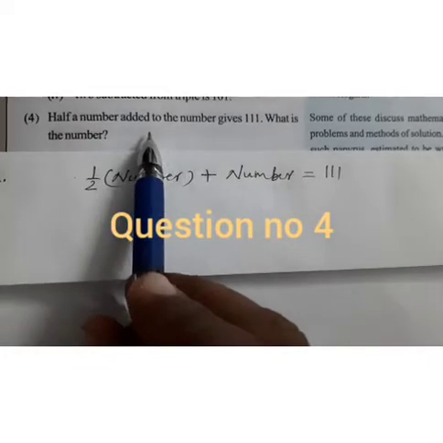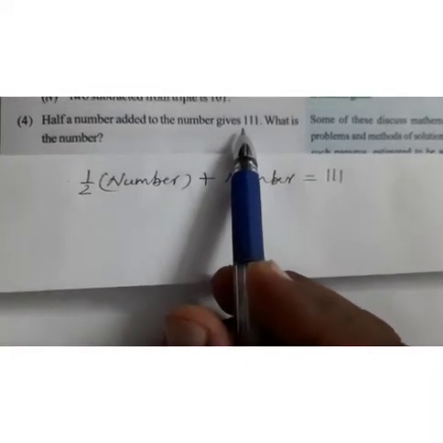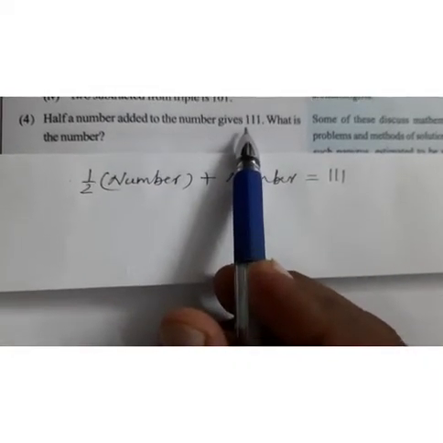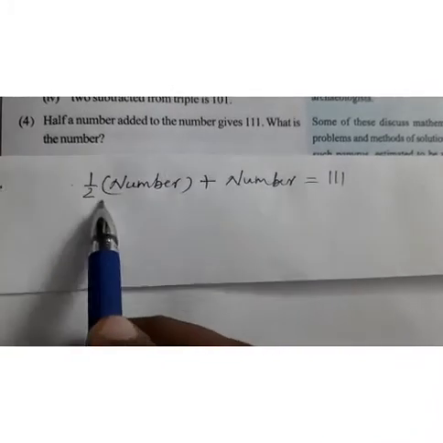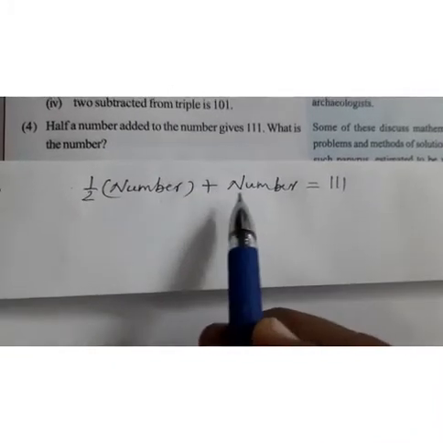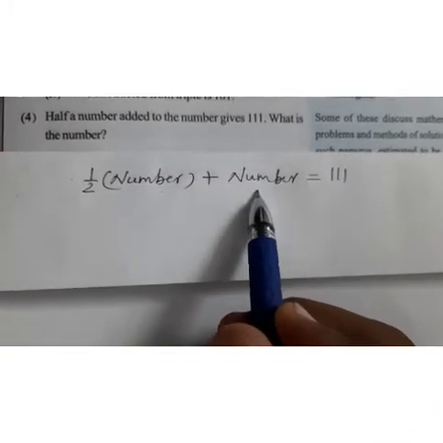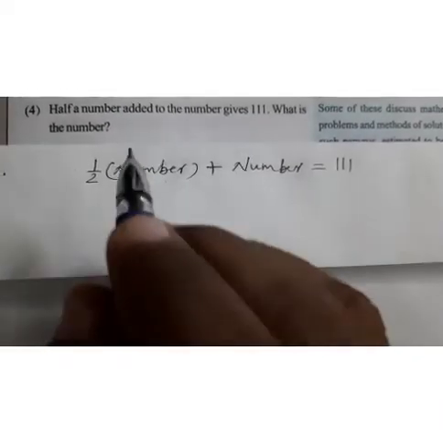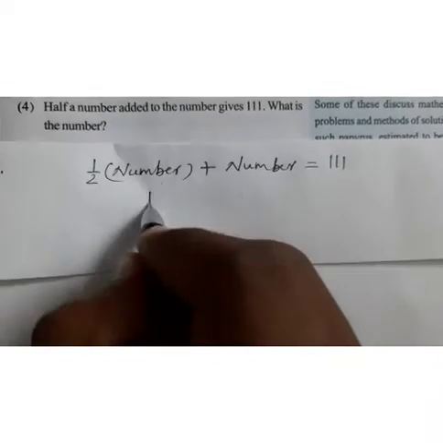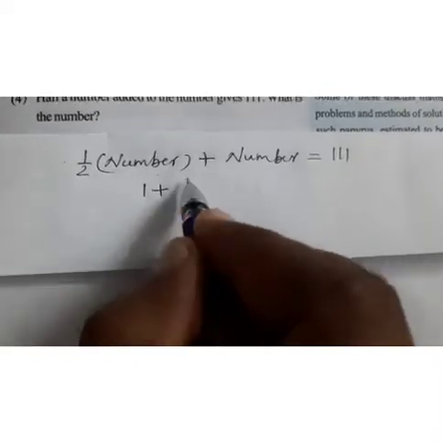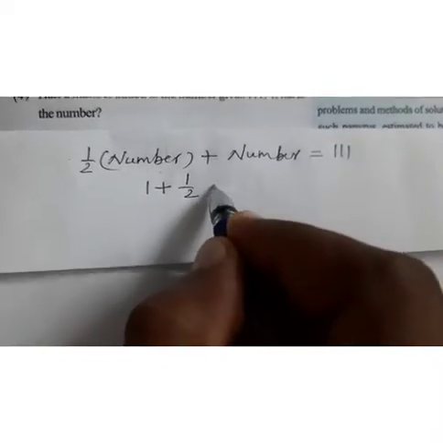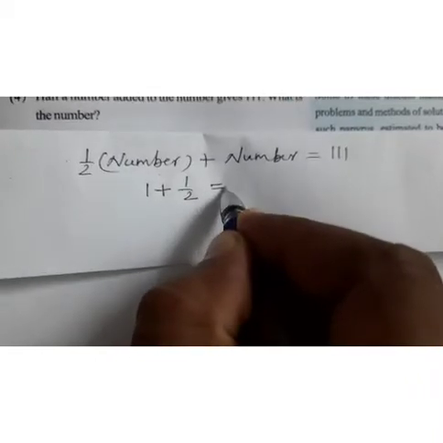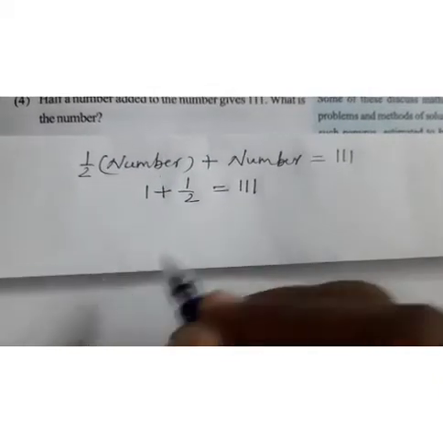Half a number added to the number gives 111. What is the number? Half the number and that particular number again is added, we will get 111. If you consider the number as 1, so 1 plus 1 by 2, that answer is 111.